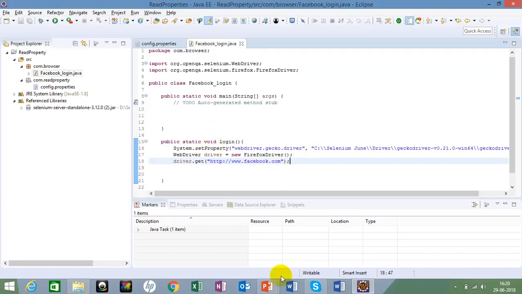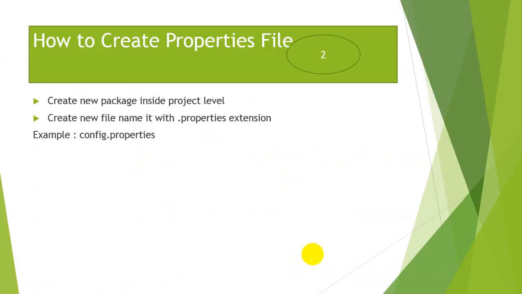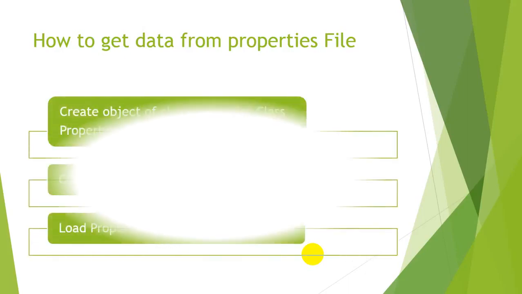So the very first step, in order to read the data from a property file, is to create a new file with a .property extension, which I have already created. So how do I retrieve the data from the property file?